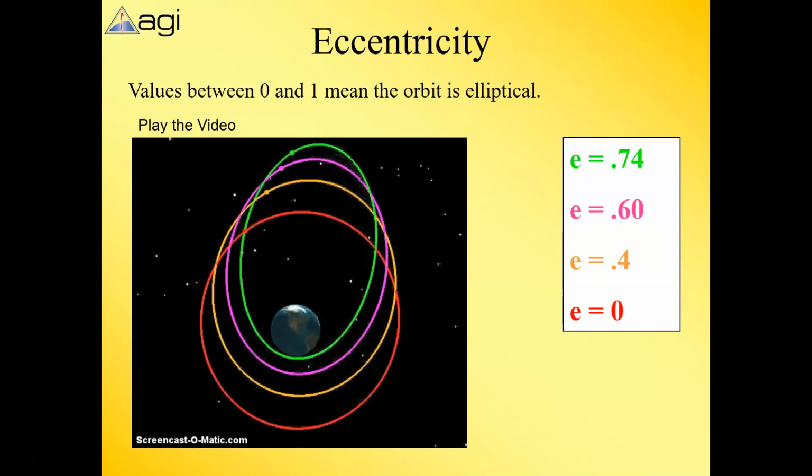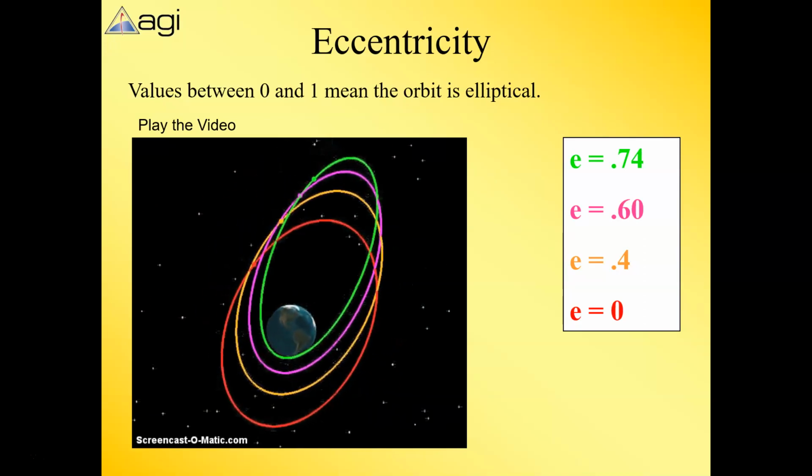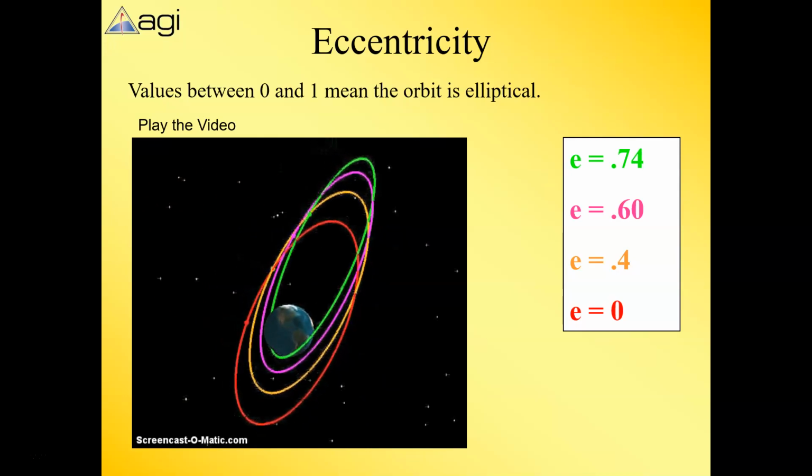On the other end of the spectrum, the green has an eccentricity of 0.74. Again, Earth is still at one of the foci for all these orbits. They're all in the same plane, and one thing that's important to note is they all take the same time to orbit.